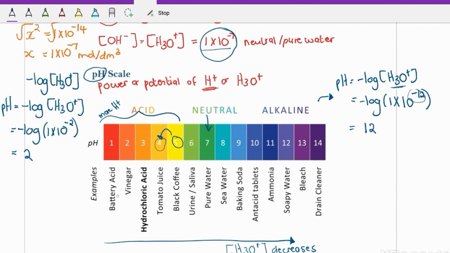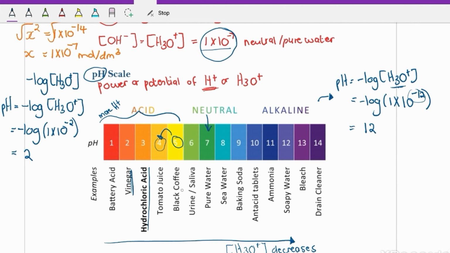A few examples just to go through: battery acid, which is also sulfuric acid. This one is a little bit debatable. Hydrochloric acid, depending on how concentrated it is, I think would actually be more acidic than vinegar, because vinegar is quite diluted.